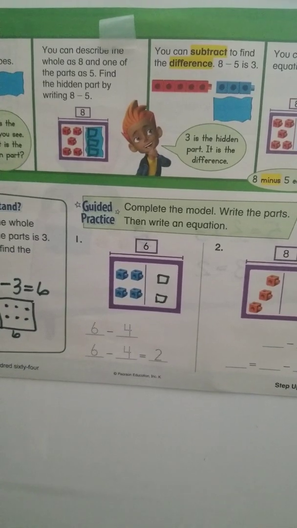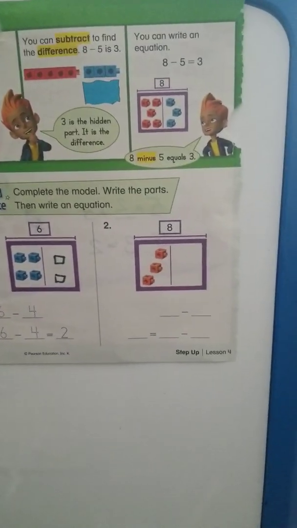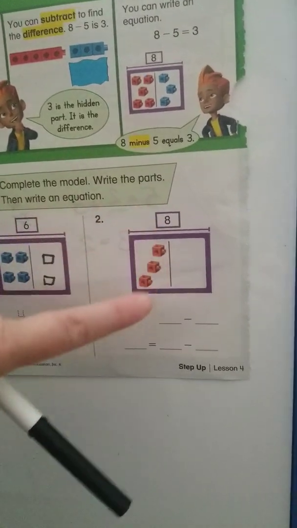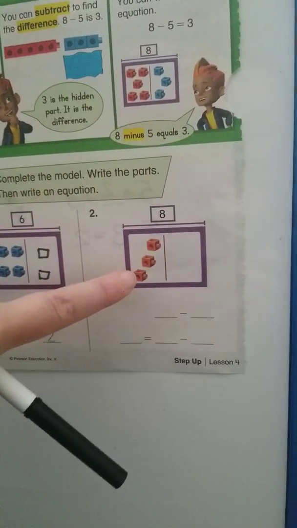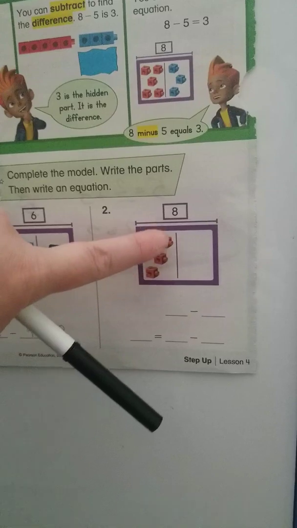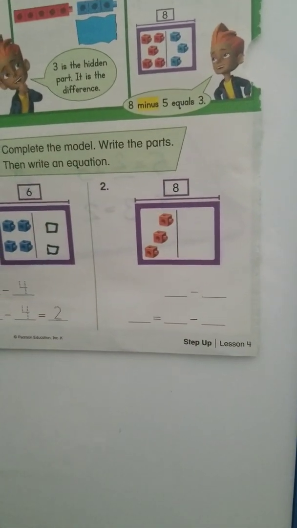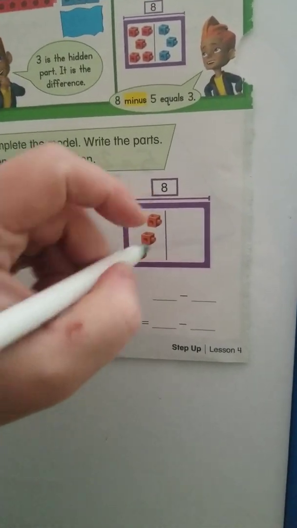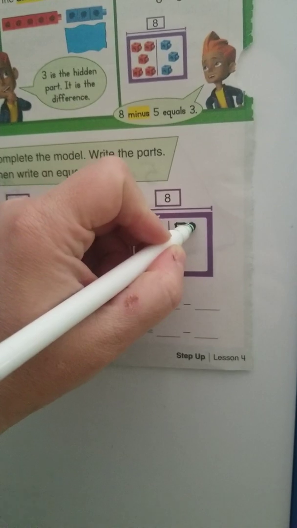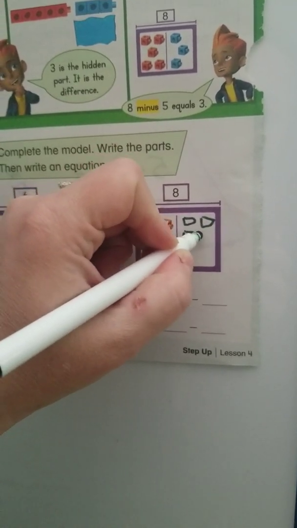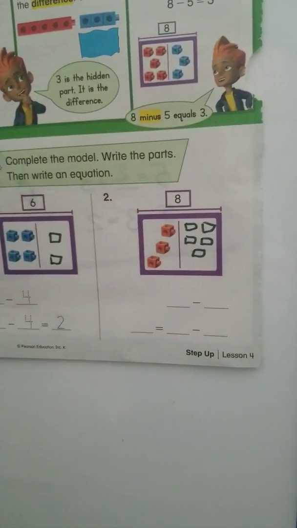Okay. Number 2, the whole is 8. It has 2 parts. This part has 1, 2, 3. Let's draw and add on to make 8 to see how many parts are missing on this half. Ready? 3, 4, 5, 6, 7, 8.